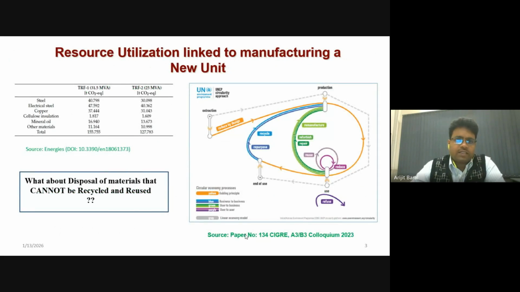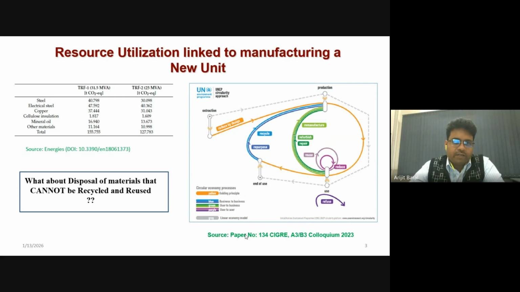So this is just a small example of how much carbon footprint, or equivalent carbon dioxide, is generated if you want to manufacture two reasonably sized power transformers. This table is taken from a journal paper published in Energies. The DOI is given there to cross-reference it.